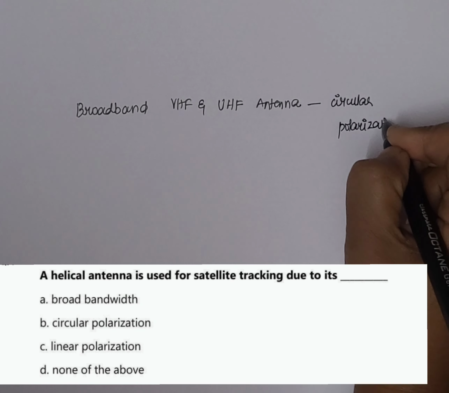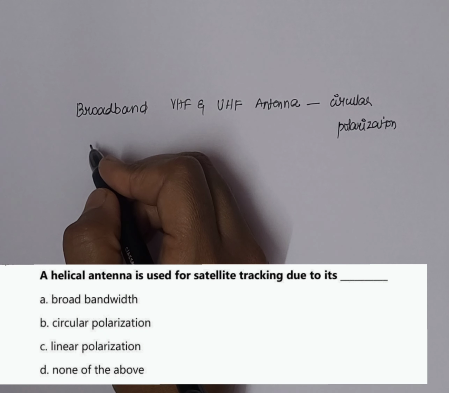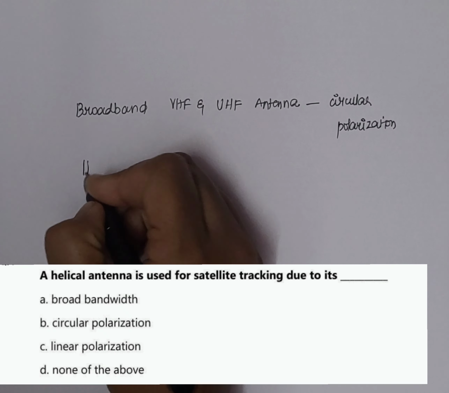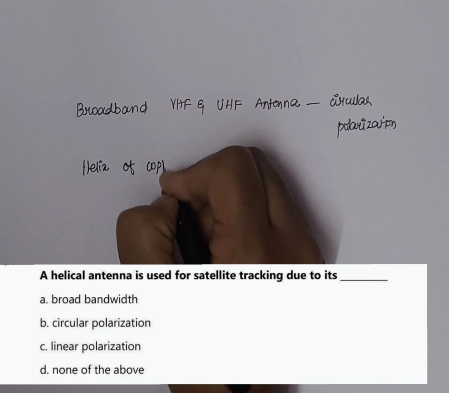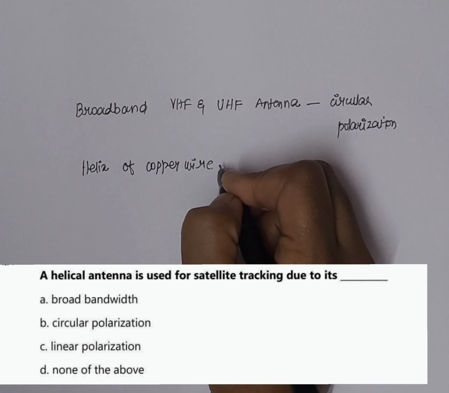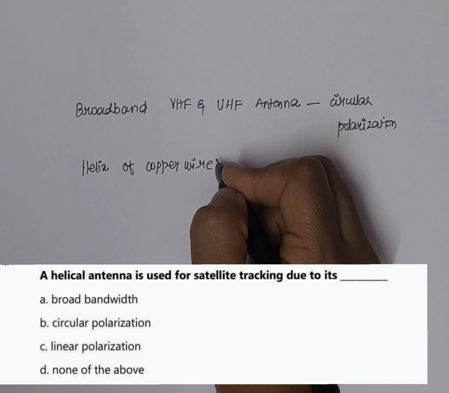So this is the ultimate use. As the name indicates, a helical antenna consists of a helix of quite thick copper wire in the shape of a screw. That is used as an antenna over here. This helix is fed by a coaxial cable.